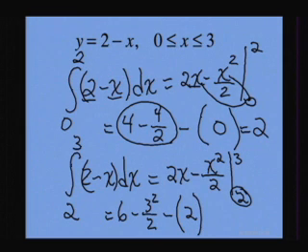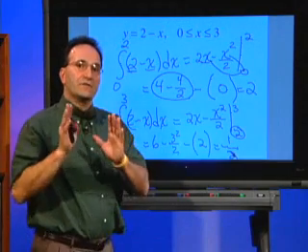So now it's a matter of simplifying. The 6 minus 3 squared, which is 9. So 6 minus 9 halves minus 2. So the 6 and the minus 2 give us, of course, the 4. Then we have 4 minus the 9 halves, which, if you remember, or you can calculate, is 4 1/2. So what we have is that this is equal to minus 1/2. And so we have the same situation.